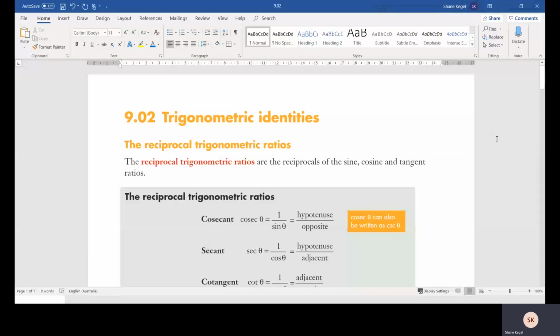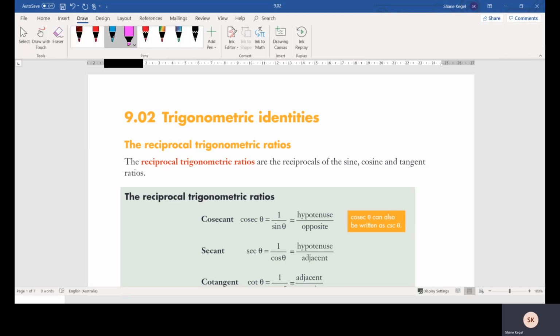Okay, so looking at trig identities, in particular the reciprocal trig ratios. Reciprocal trig ratios are the reciprocal, which basically means the inverse, of sine, cos, and tan. Just like numbers, if we had x to the power of -1, we have the reciprocal of x, which is 1 over x.